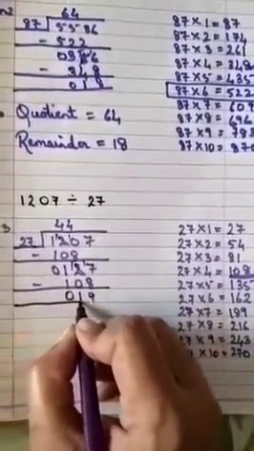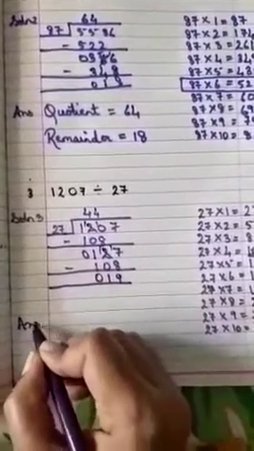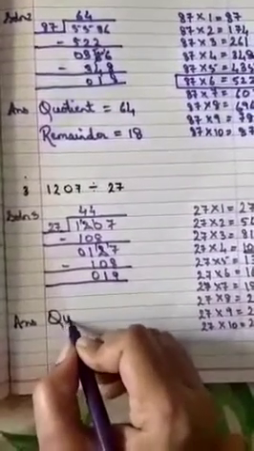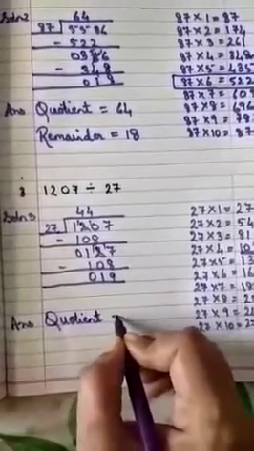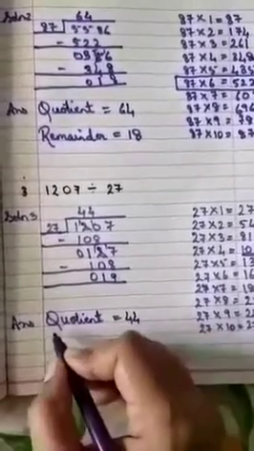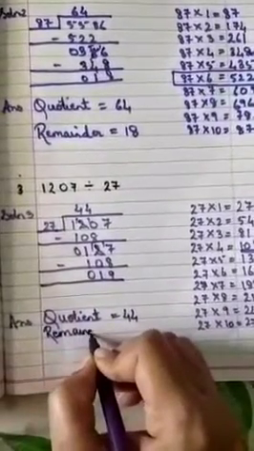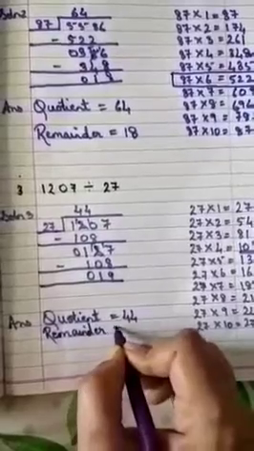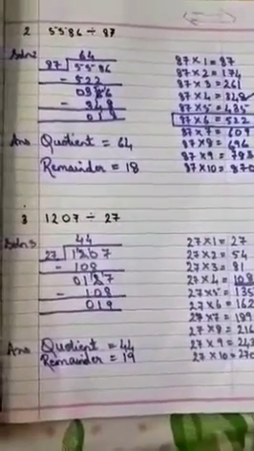So this is the remainder. We write the answer: quotient is 44, remainder is 19. So we have done till the third sum.